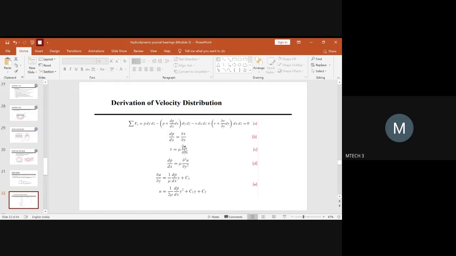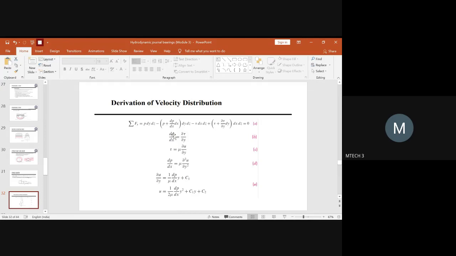This shows that the pressure exerted by the lubricant in the direction of x will be equal to the shear stress developed in the y direction. So when you have a shear stress along the y direction, obviously that amount will be equal to the amount of pressure induced in the x direction.